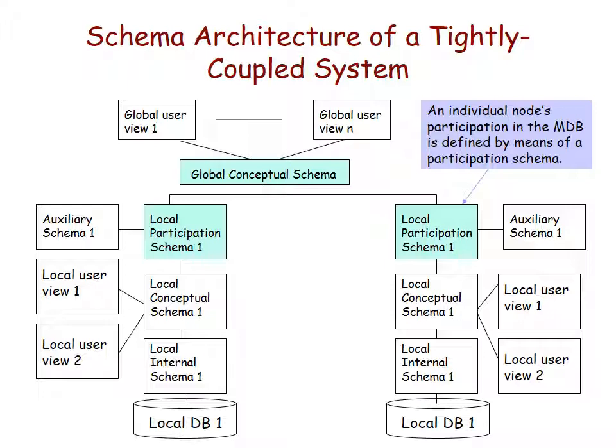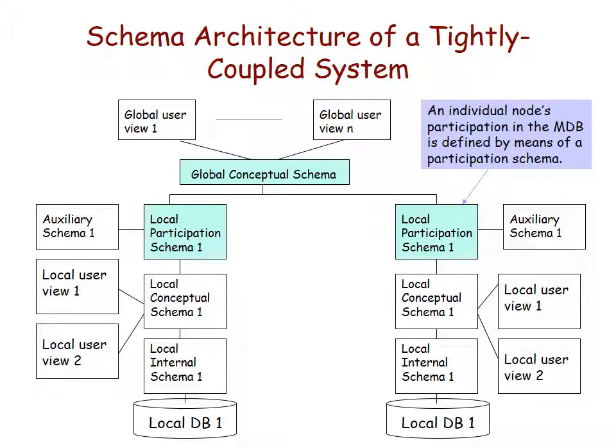Each location can specify in the local participation schema the portion of the local database, as defined on the local conceptual schema, that can be shared with the global user at the global level. The global conceptual schema is defined in terms of the integration of the local participation schemas from all the database sites. We will discuss this integration technique later.